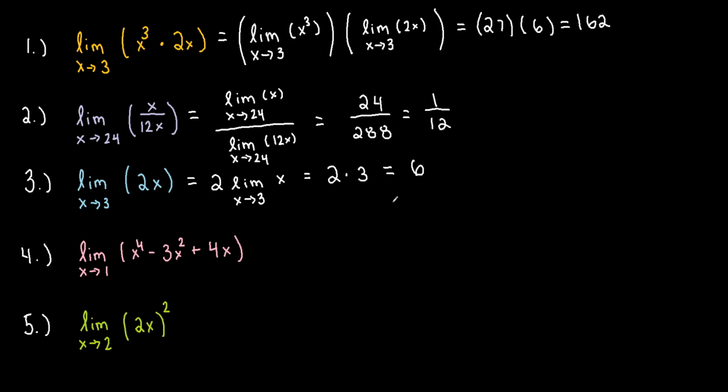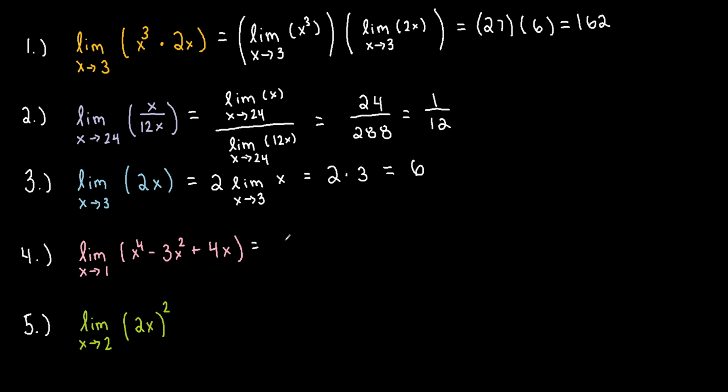Now let's look at the fourth problem. We have the limit of x to the fourth minus 3x squared plus 4x as x approaches 1. So here we can use both the sum rule and the difference rule to solve this limit.